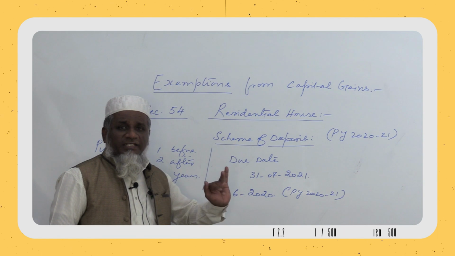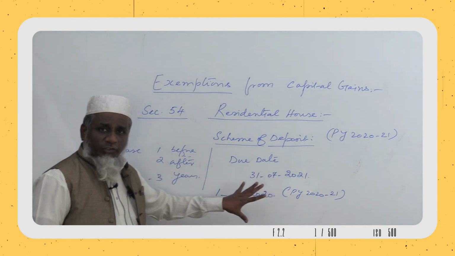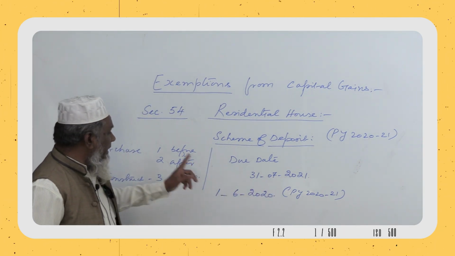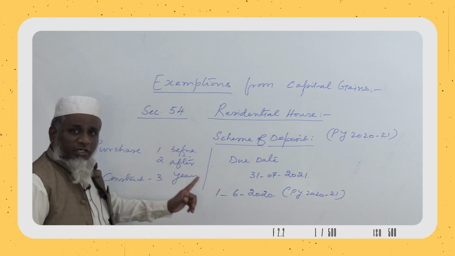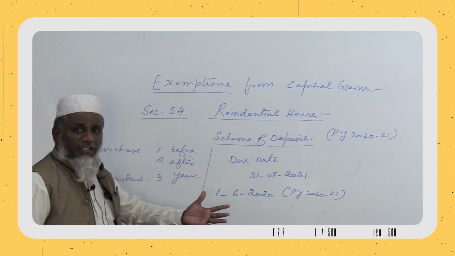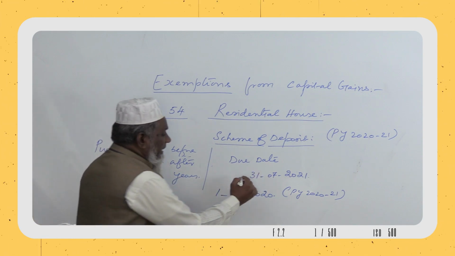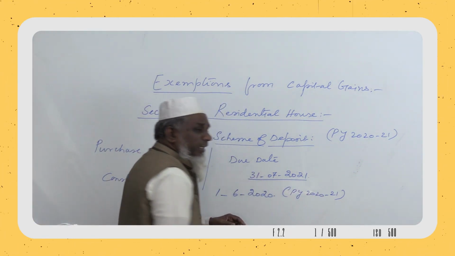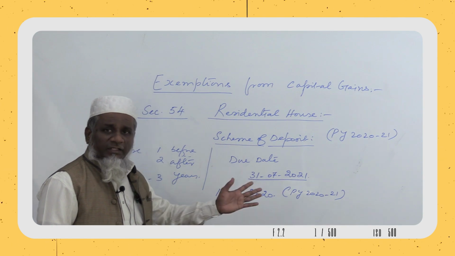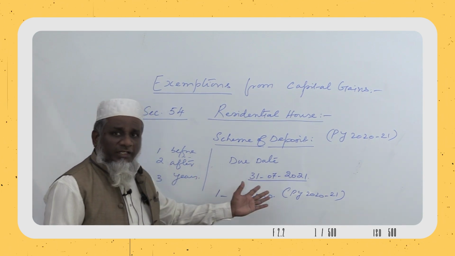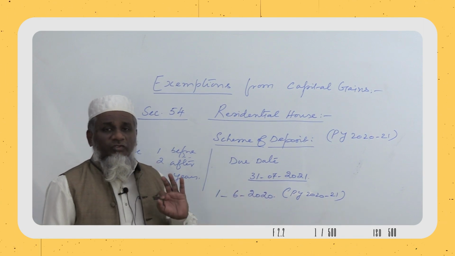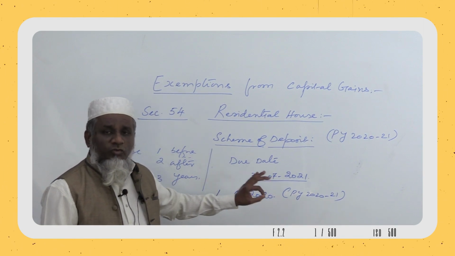So 7 plus 6, 13 months period is with you. Within this period, either you can purchase or construct. If not, you have to deposit the money in any nationalized bank before 31/7. Then you withdraw and you purchase. You withdraw the money, then you construct.